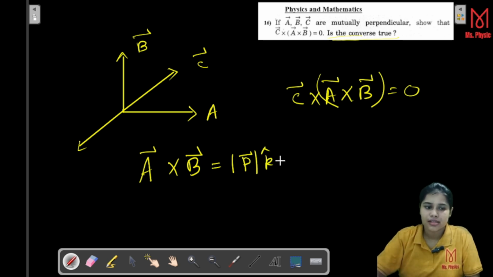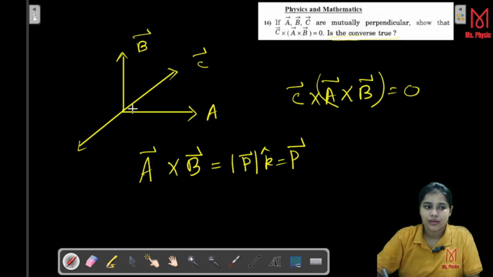This P vector we are getting by the cross product of A and B. Obviously A and B are here and P is perpendicular to them.